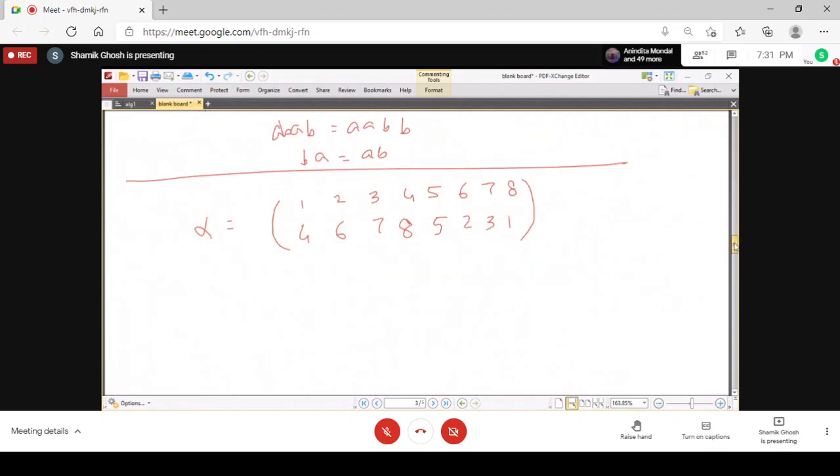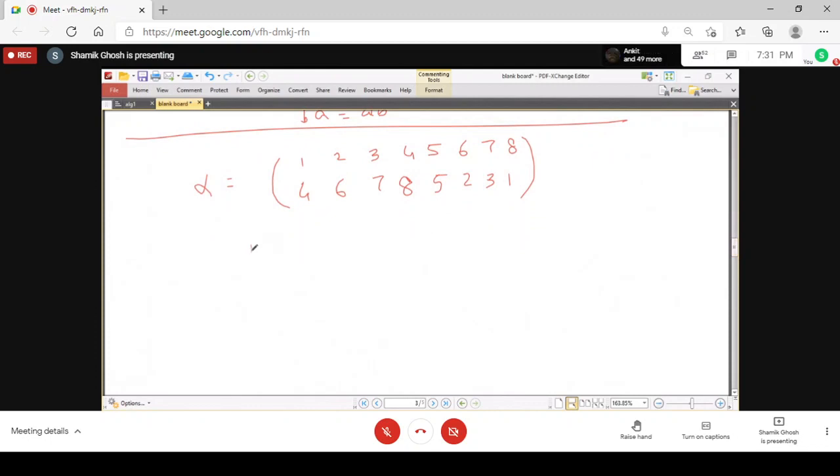Now, if we start here from the element 1, then we see that under the application of alpha, 1 goes to 4. Then on another application of alpha, 4 goes to 8. Then another application, 8 goes to 1. That is, 8 comes back to 1. And this thing we are calling a cycle. We write the cycle in this notation with the understanding that under the cycle 1 goes to 4, 4 goes to 8, and finally 8 comes to 1.